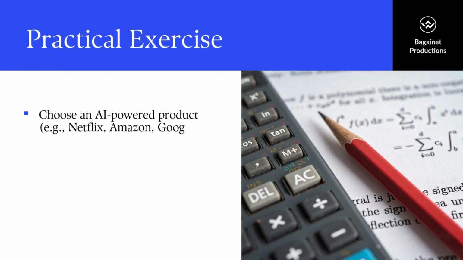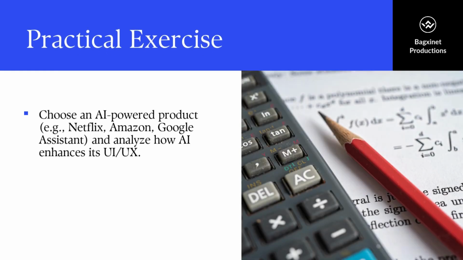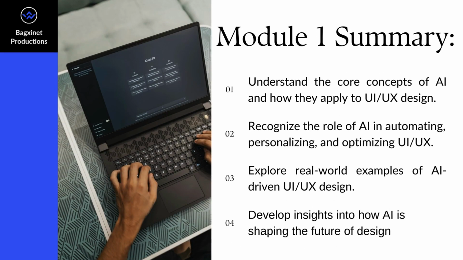Now, by the end of this module, it is expected of you to understand the core concepts of AI and how they apply to UI and UX design. It is also expected of you to recognize the role of AI in automating, personalizing, and optimizing UI and UX.